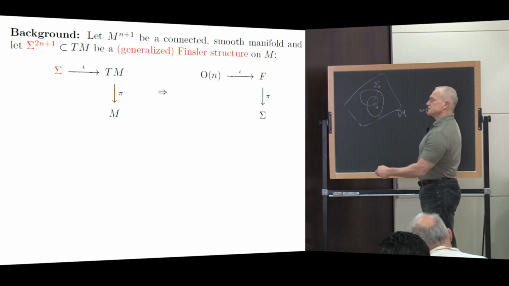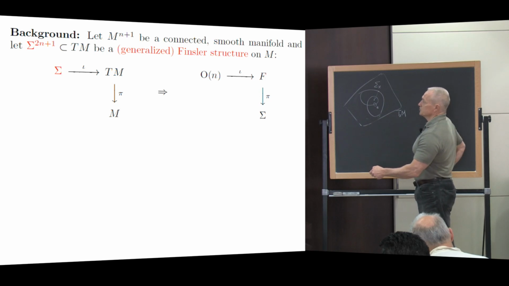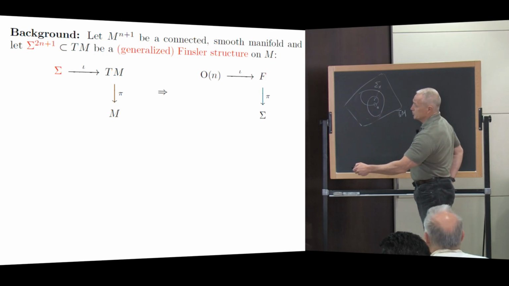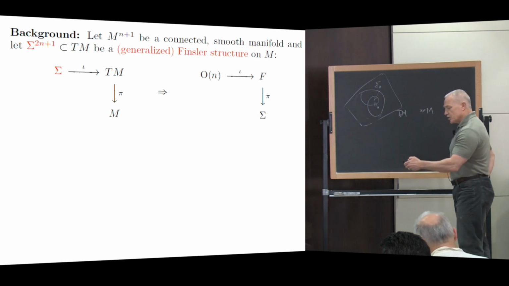Remember, this is not strictly speaking just a Riemannian structure, although it implies a Riemannian structure, because sigma has dimension 2n plus 1.